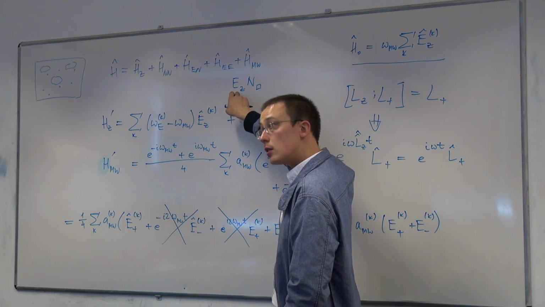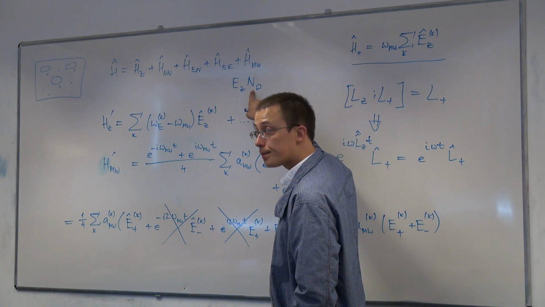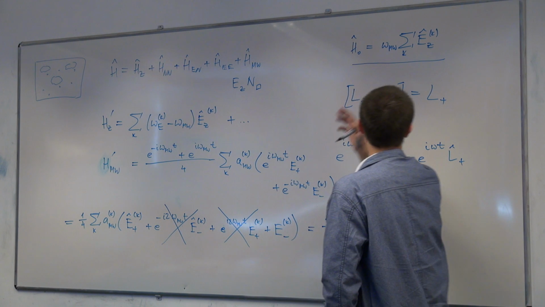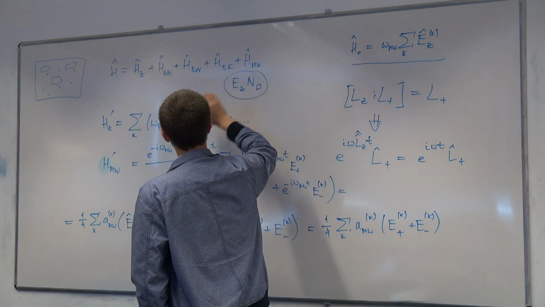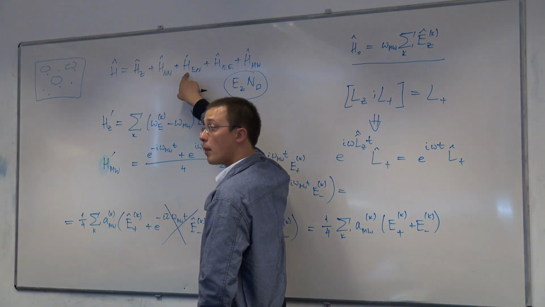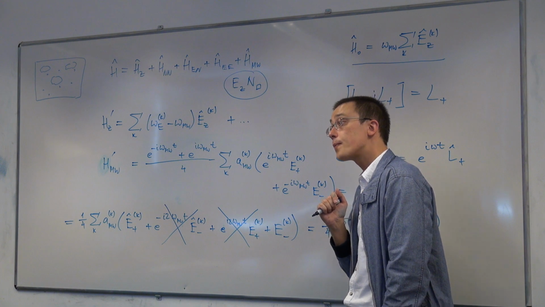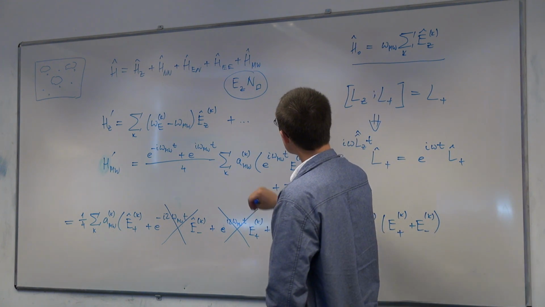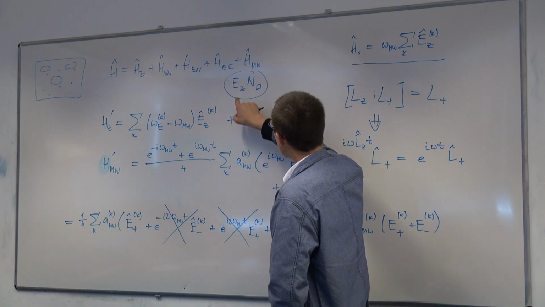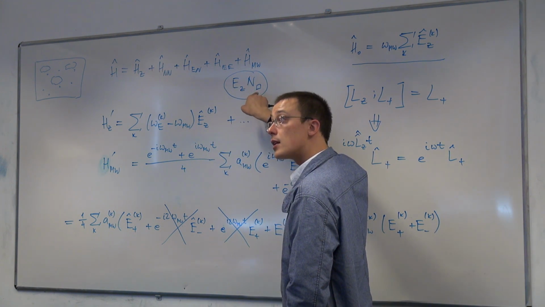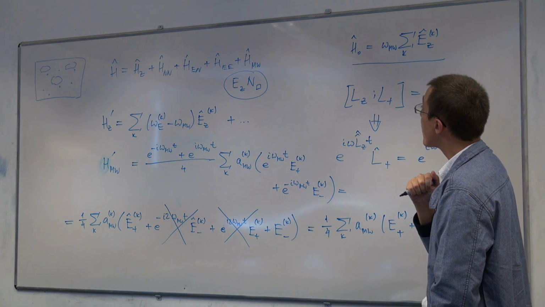If it's Ez, it would not. But it doesn't really matter which state the nucleus is in. That operator commutes with it. So the only terms that would survive in the electron-nuclear part are the so-called secular and pseudo-secular terms, and the weak terms as well. The secular ones are the Ez Nz, and the pseudo-secular ones are the Ez N plus and Ez N minus. Everything else will be obliterated by the rotating frame.